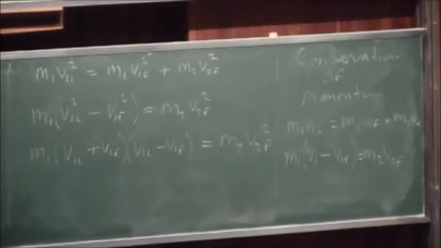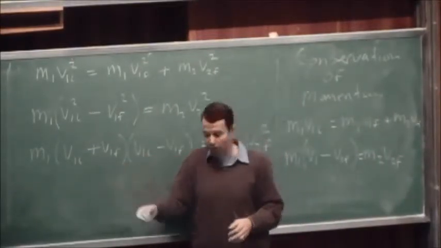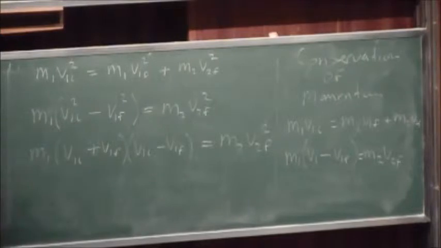So we get M1 times V1 initial minus V1 final. Oh, I see. Okay, so you want to divide both sides by this term right here. Okay.